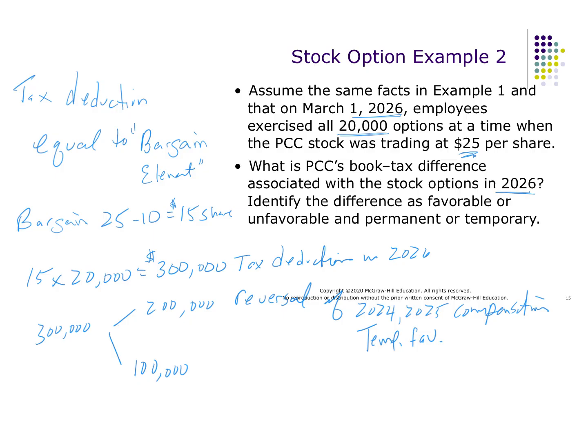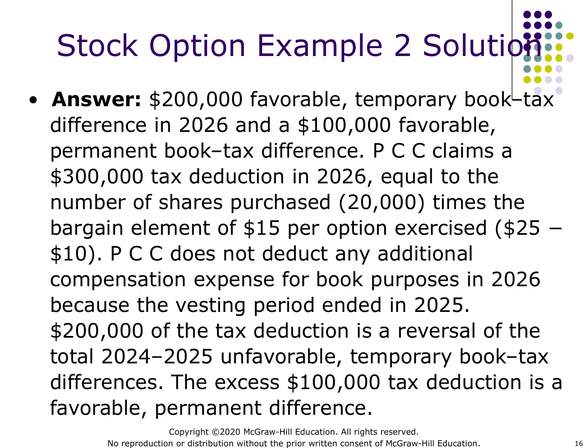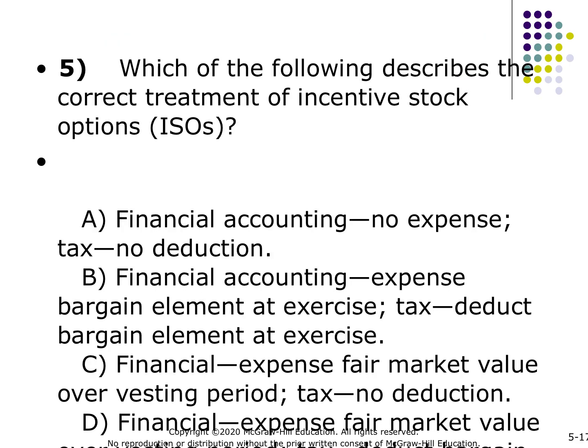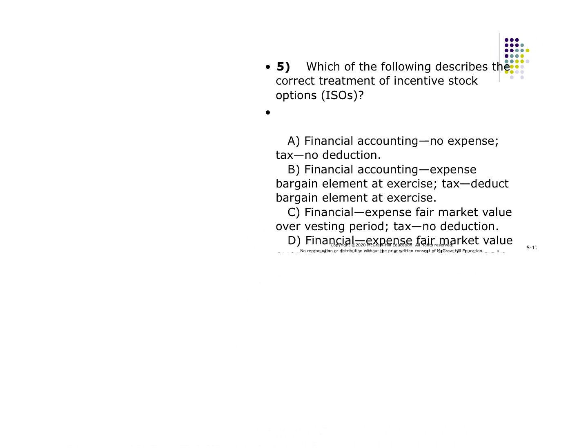Okay, so this is favorable and permanent. Okay, so when those stock options are exercised, you have to pay attention to this bargain element and understand that you're going to have a reversal, and then you're also going to have a permanent part. Okay, and those solutions are also embedded in that PowerPoint for you.